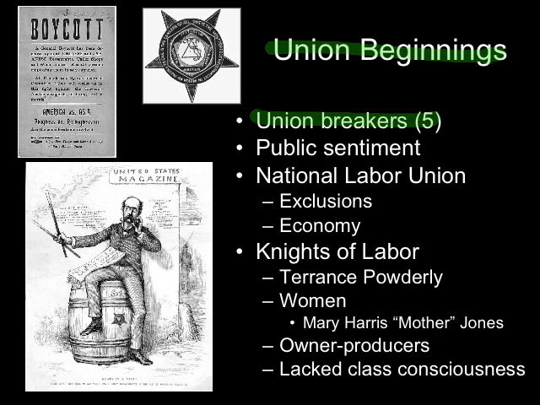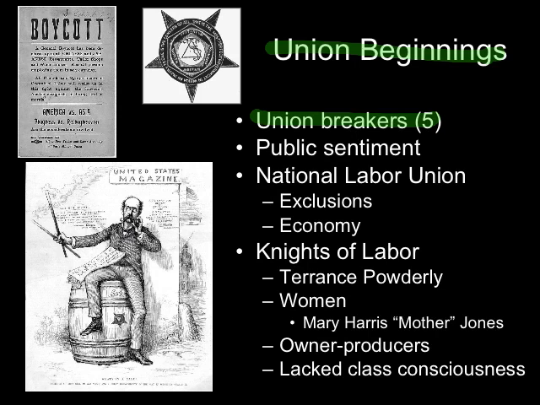Okay. Number 4, a blacklist. And a blacklist was simply a list of all the names of union members, and particularly union leaders. Okay? If you joined the union, your name ended up on a blacklist. You got blacklisted.